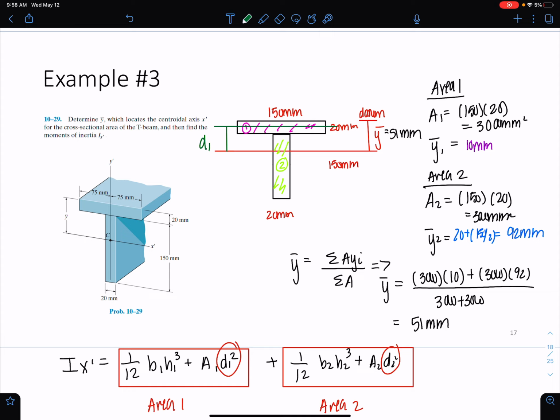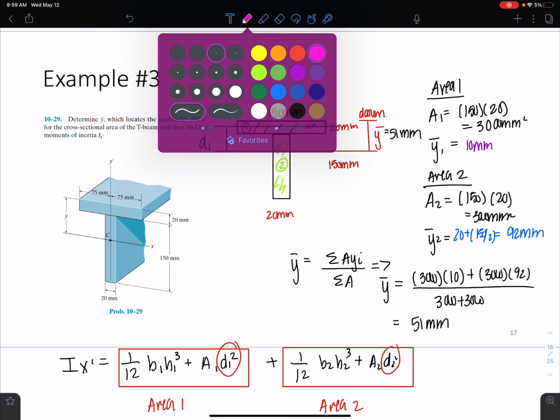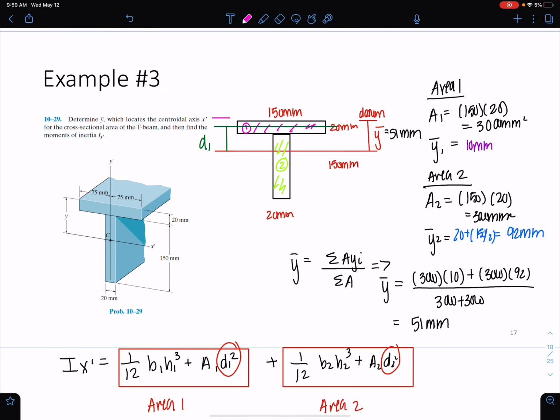How can I find that? Well, I know that y bar is 51 millimeters. If this total distance from here to here is 51, and I just want the green portion, I just have to subtract the 10. So my d1 is 41 millimeters. I'm going to put d1 is 41 here, and then erase that so I can find d2.